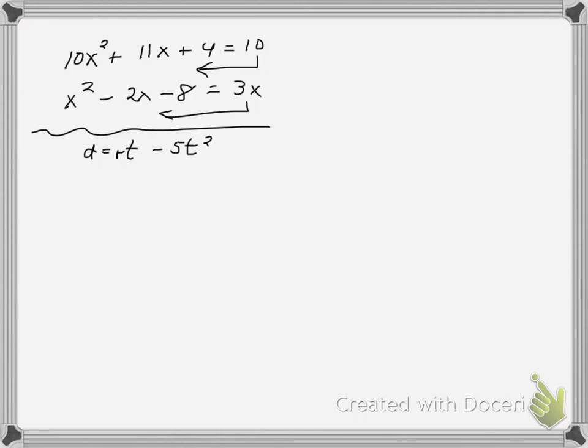Now, for these last problems, these word problems, of which I asked you to do the odd ones, I'm going to walk through the first one with you. Recall this formula represents the vertical distance that an object travels, and for each second t, r represents the initial velocity or the initial rate, this would represent the distance, and the t would represent the number of seconds since it's been thrown up.